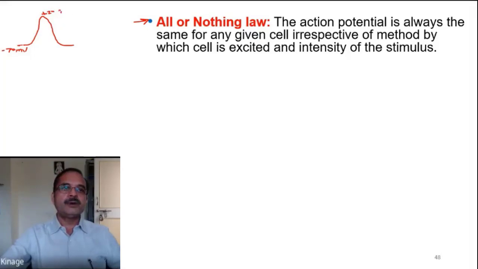These amplitude levels do not depend on the stimulus or the amount of excitation; irrespective of the method or the amount of excitation, this amplitude remains the same. So that is all or nothing.